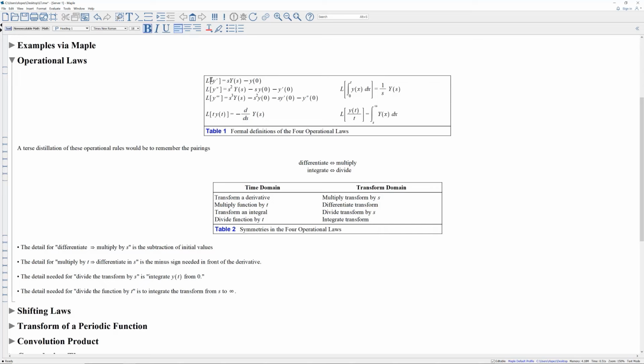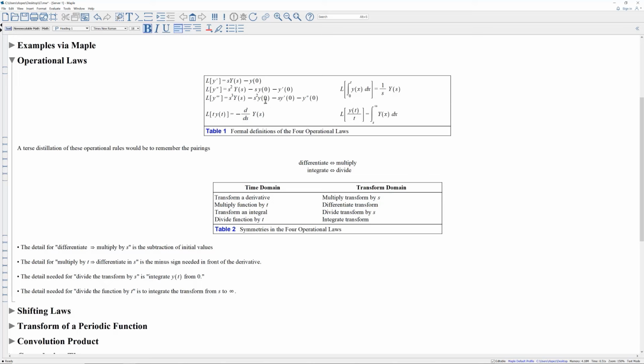Here is the transform of a derivative. Now I've shown the transform of a first, second, and third derivative so that the pattern could become visible. For a first derivative, you multiply the transform of y by s. But then there's always a detail. So you got to subtract y at 0.